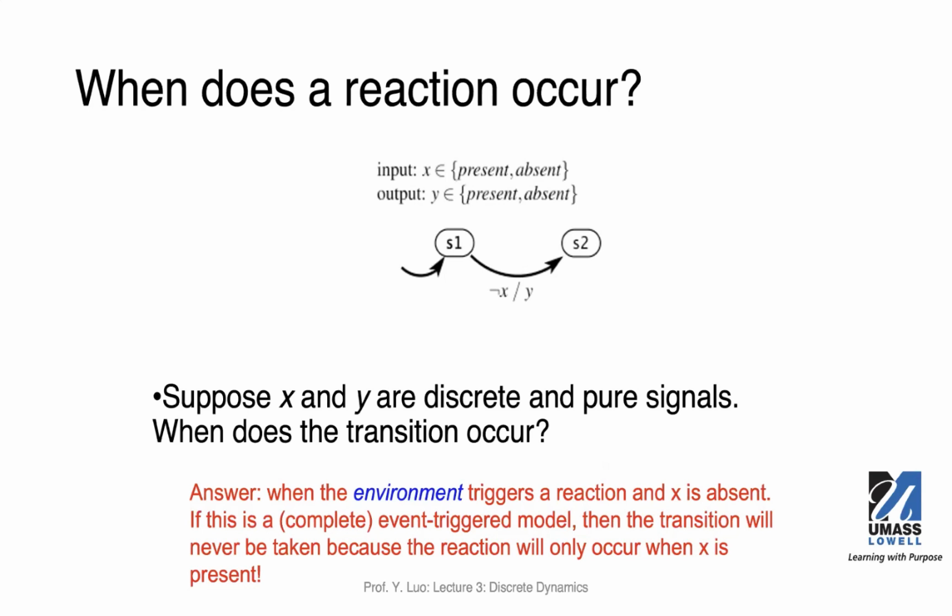So it will not evaluate the predicate. As a result, it will not take this transition. If you think about a more concrete example, if there's no car driving, then your system state will not change because your input signal is absent, right?